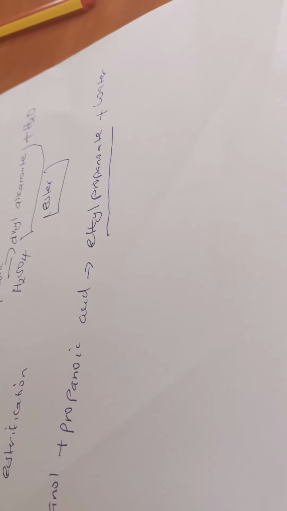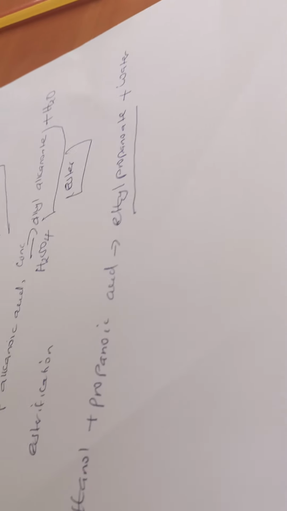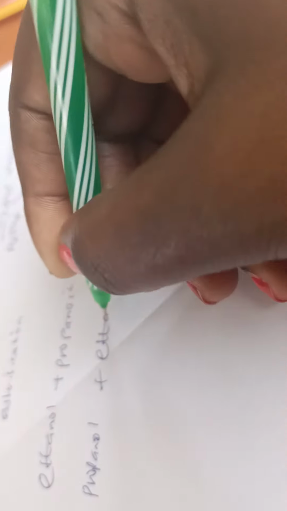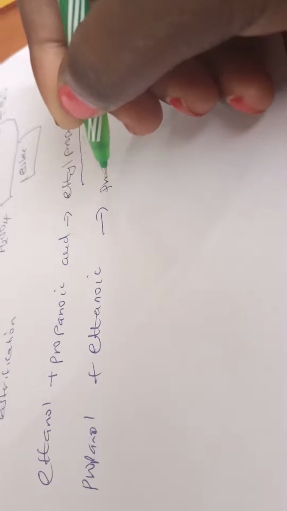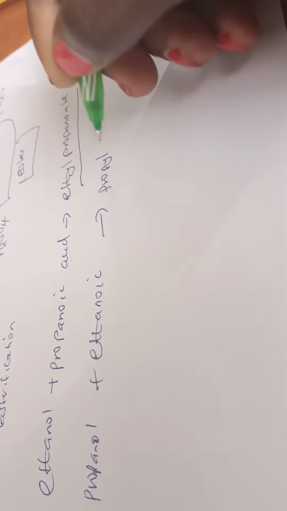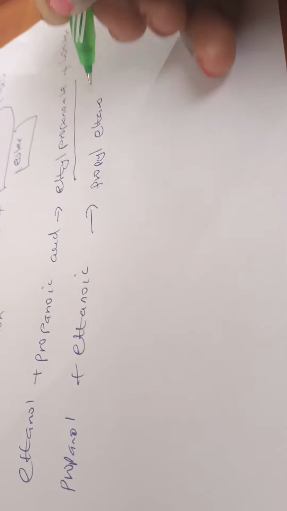So the name starts with the alkyl group from the alcohol, then the alkanoate is from the acid. For example, again, when I'm having propanol plus ethanoic acid, then I get from the alcohol, propyl, so it will be propyl ethanoate. The last part is from the acid.